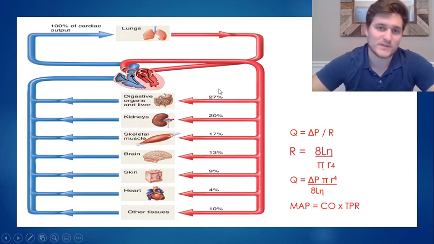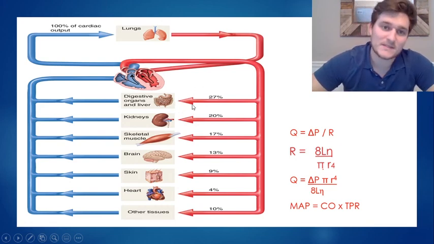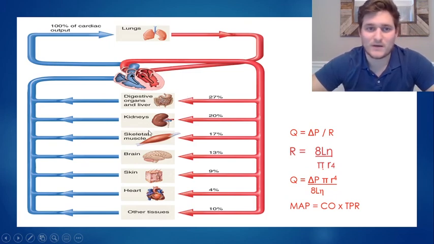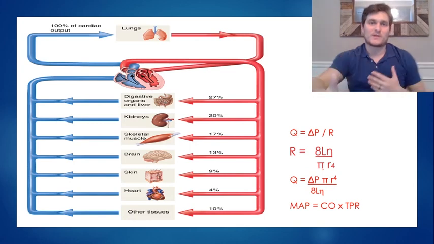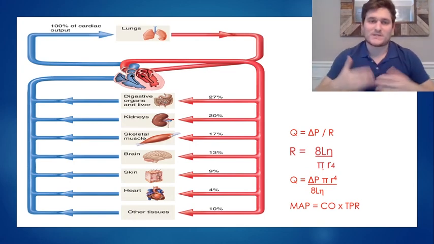Arteries will become smaller arteries and then will branch into resistance vessels known as arterioles before getting to the microcirculation of the cells of these different organs. In this microcirculation, otherwise known as the capillaries, there's going to be exchange of O2 and CO2 and different nutrients and different wastes.